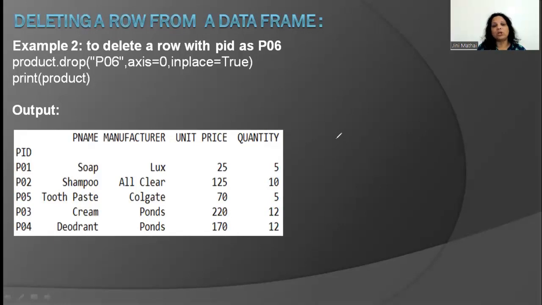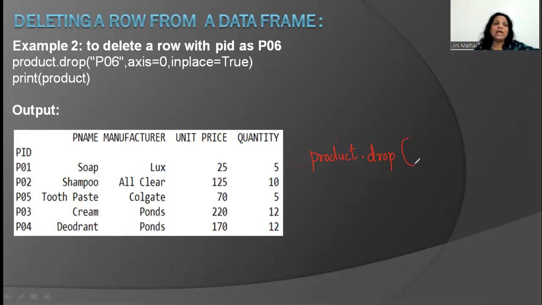What if I wanted to delete all the rows where the quantity is, let's say, below 10? Then in that scenario, what would I do? Again, the name of my data frame, that's product dot drop. Drop is the only command that allows me to delete whether it's a row or a column.